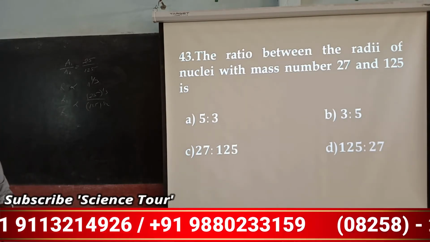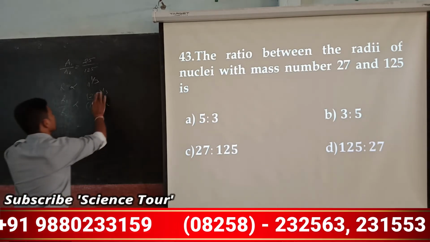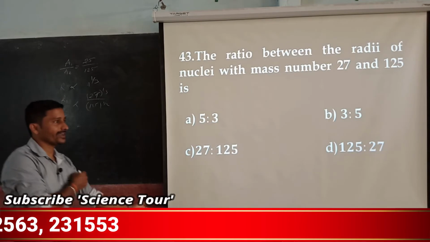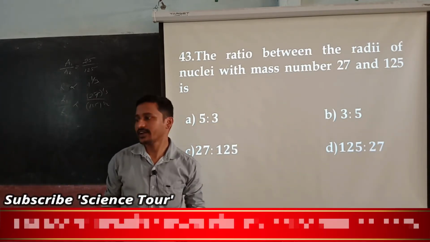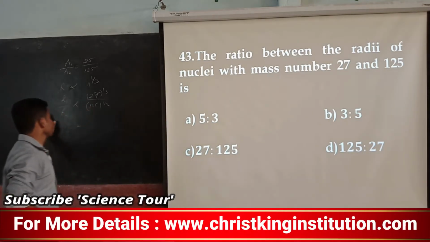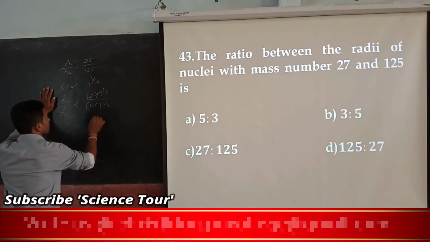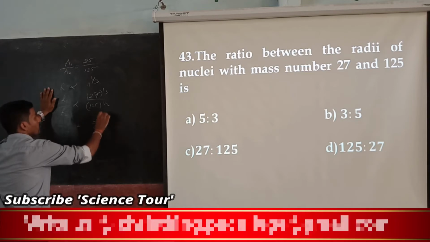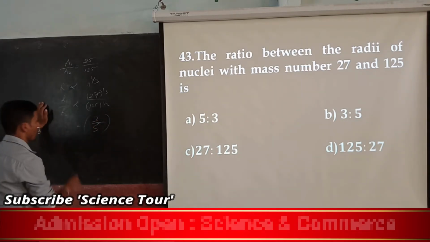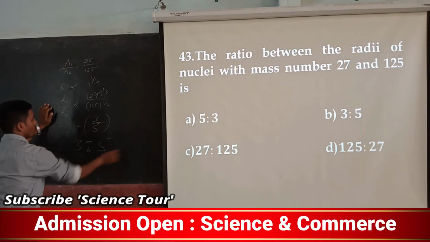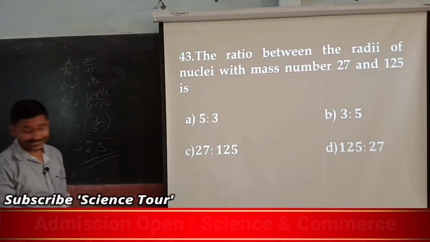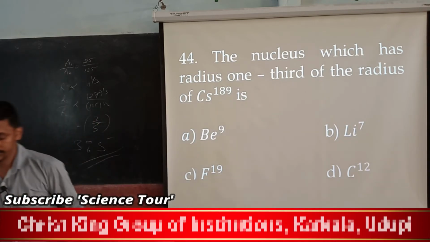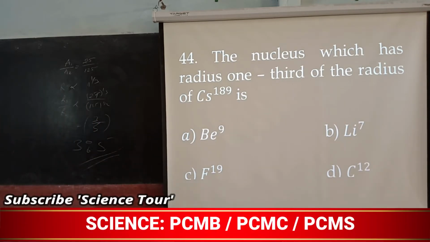Okay, so it is 27, isn't it? Yes, that is what I was thinking, because 3 times 25 I won't get. So that is 3 is to 5, option B. Go to the next question.